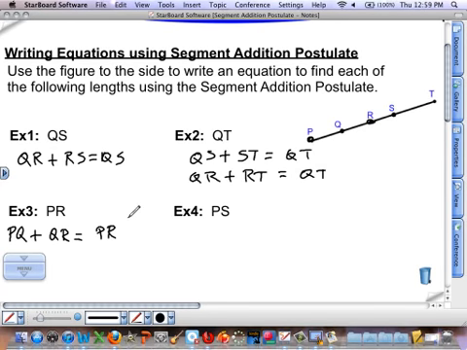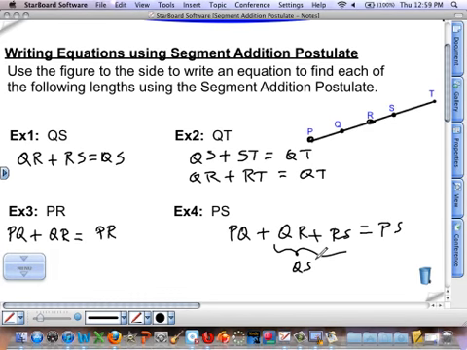All right, and Jake, what about number 4, PS? PQ plus QR plus RS. Again, we can look at this in a lot of different ways. The QR plus RS could also just simply be QS. So there are a lot of different ways we can look at these.